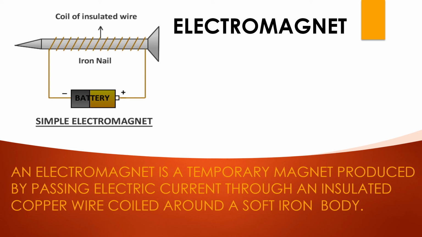What you will do is take an iron nail, wind the copper wire around it and connect it with the battery. Once the key is on and the current flows through the coil, this iron nail behaves as a magnet.